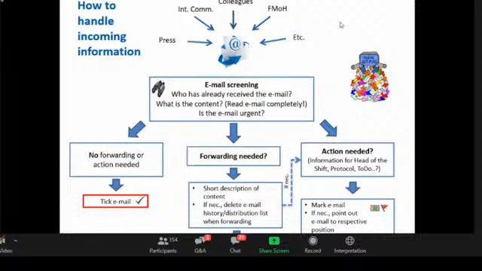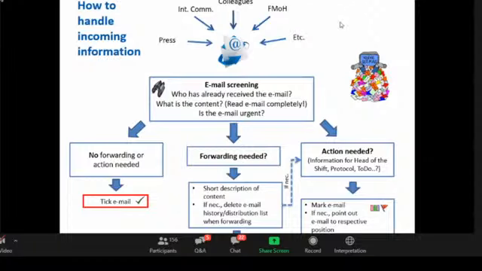And then he or she has to decide: if no forwarding is needed, he or she can just tick the email. But sometimes forwarding is needed, then it's good to have a short description of the content and, if necessary, delete the email history or the distribution list when forwarding. And then the email can also be ticked.